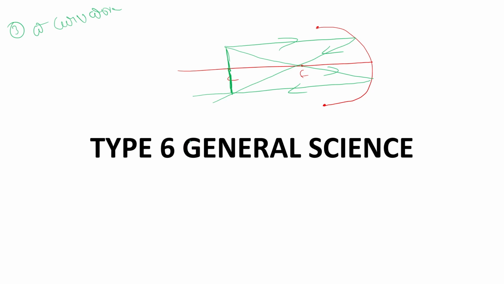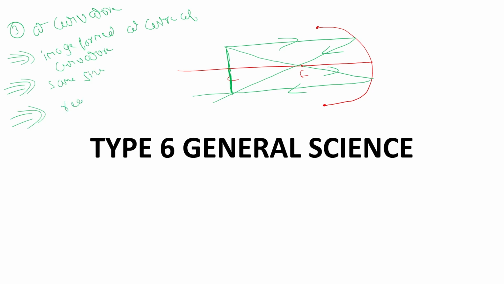So what we had noticed, when the object is at the center of curvature, then the image is formed at the center of curvature itself. Second, the image will be of the same size.